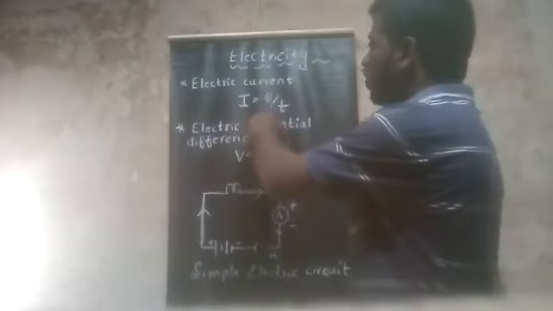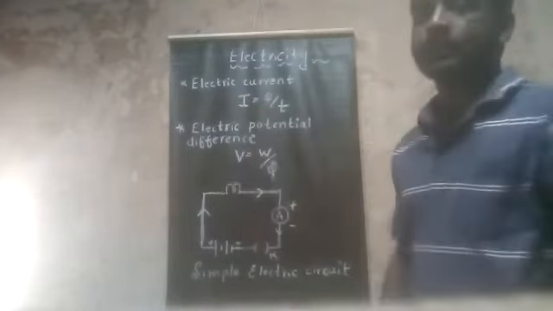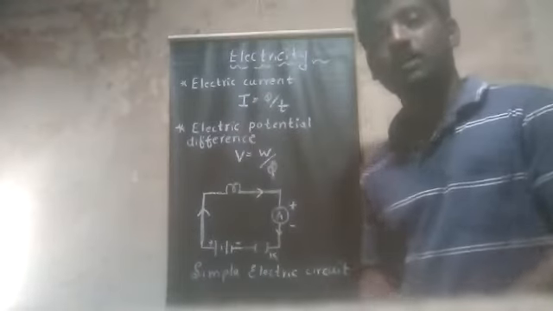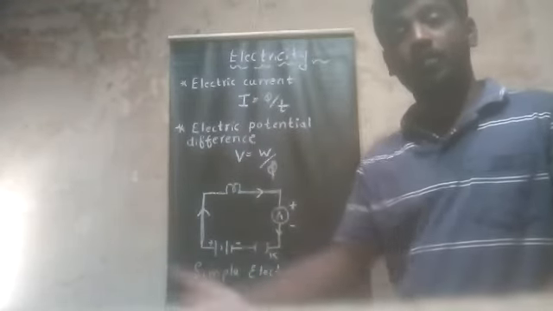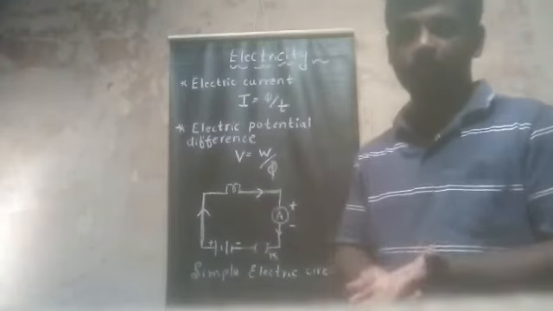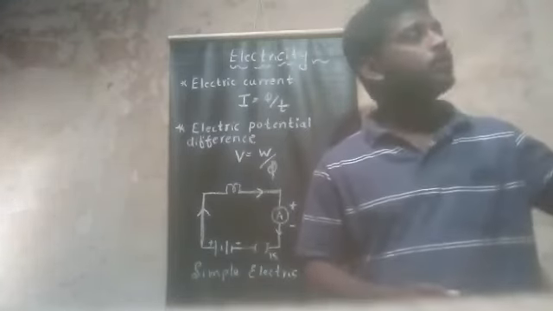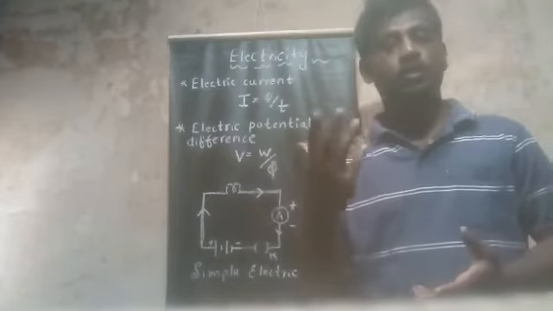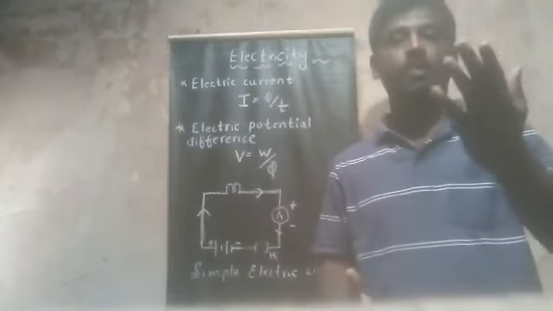Okay, next is how the current flows in a circuit. For the flow of current we need a continuous circuit, otherwise the current will not flow. For example, suppose I am owning a switch of any electronic component or gadget, suppose it's a bulb.